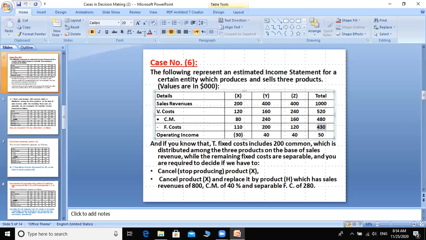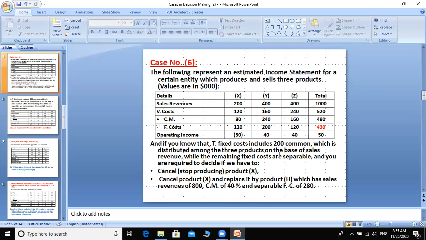Total fixed cost. What about it? He told me that the 430 as total fixed cost includes 200 common. So as we have common fixed cost, we have what is called separable fixed cost. The 430 includes 200 common, so the remaining 230 is separable fixed cost.